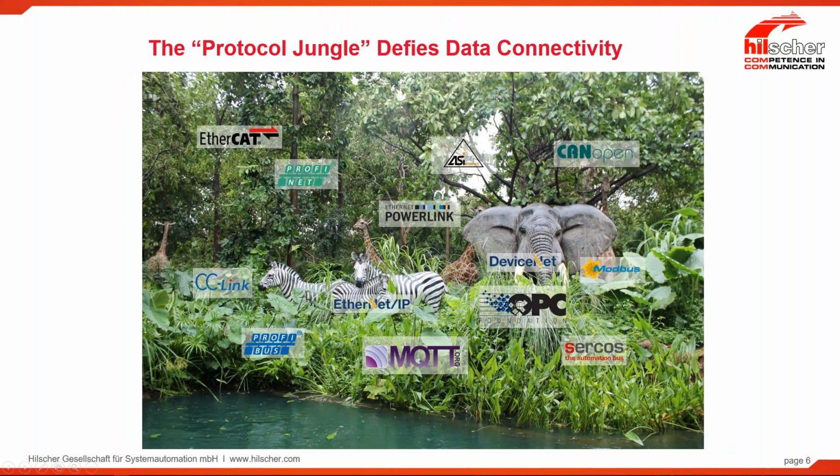So let's just drive right into the jungle. I like this slide because it really gives you a good feel for the landscape of what is out there. Obviously, since the early 90s, late 80s, when things started to migrate from analog to field bus, a jungle started growing over the whole communications area.